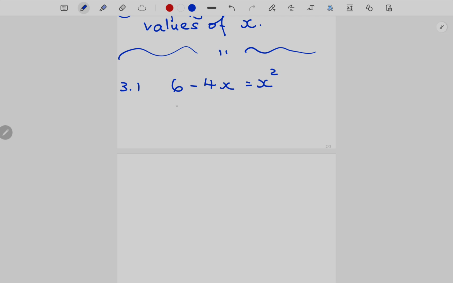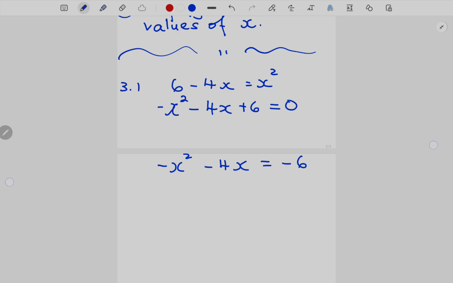You've got negative x squared minus 4x plus 6 is equal to 0. Then the next step, it says take the constant to the right hand side. So it's going to be negative x squared minus 4x is equal to negative 6.